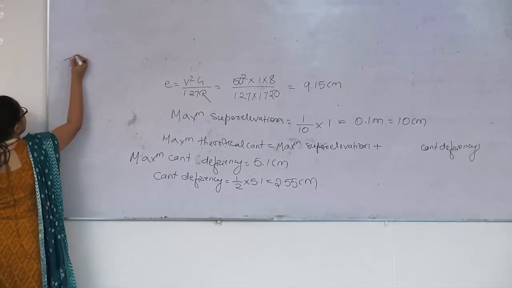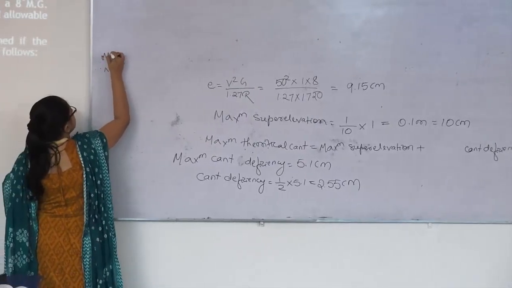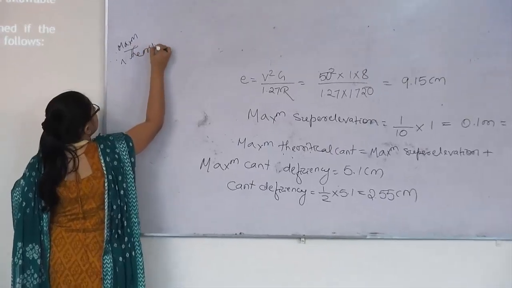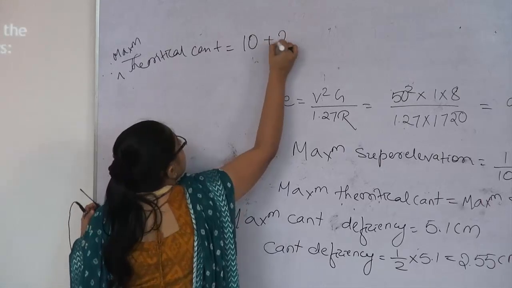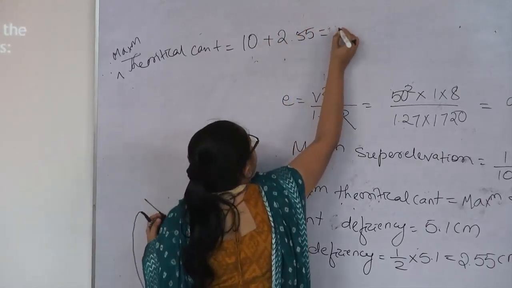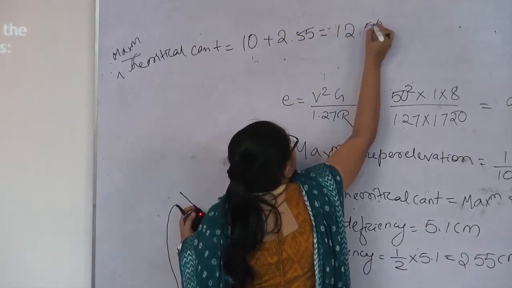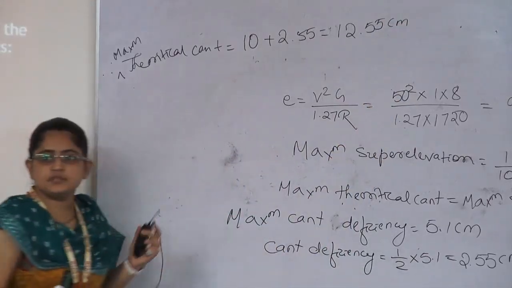So what is the theoretical cant? Equal to 10 plus 2.55, 12.55 cm. Okay.